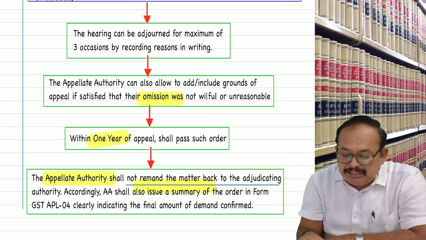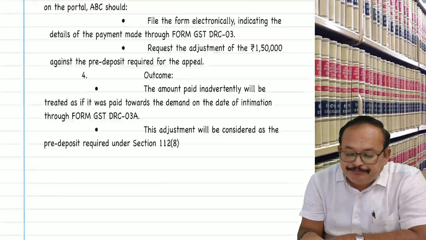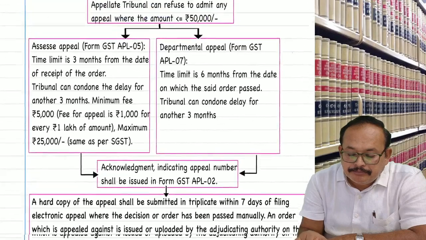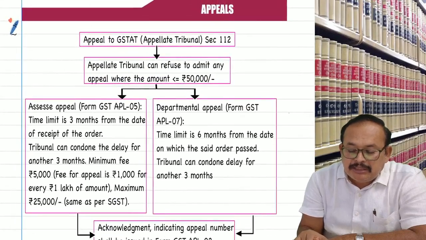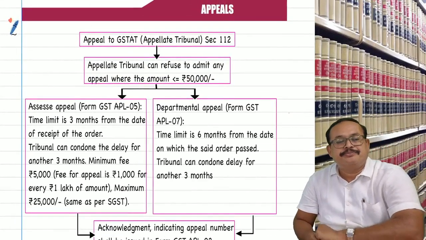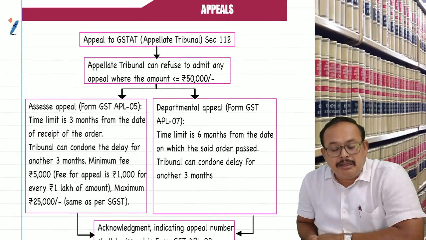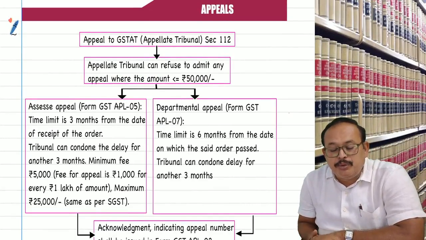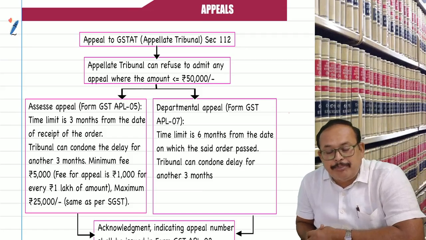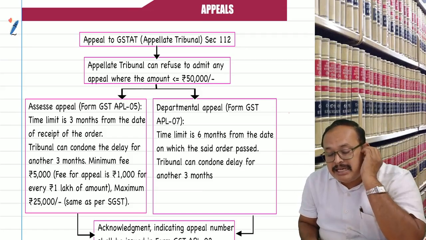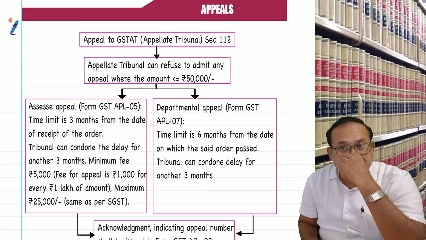So in that case, the appeal to the appellate tribunal is as follows. Presenting, just look and understand. Appeal to appellate tribunal, GST APL 05. Here, the appellate tribunal can refuse to admit any appeal where the amount is less than or equal to rupees 50,000.